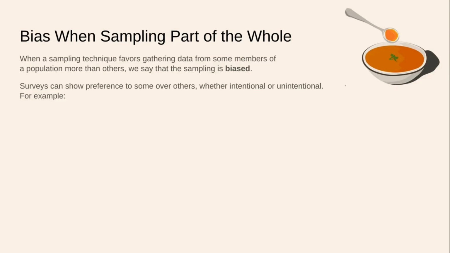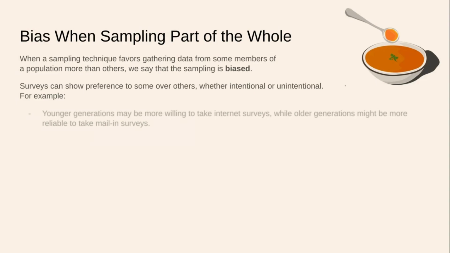Surveys can show preference to some or others, whether intentional or unintentional, and we're going to be talking about the unintentional ones mostly. For example, younger generations may be more willing to take internet surveys, and internet surveys are notoriously unreliable, while older generations might be more likely to take mail-in surveys, which tend to be more reliable, but it's harder to get people to do them.